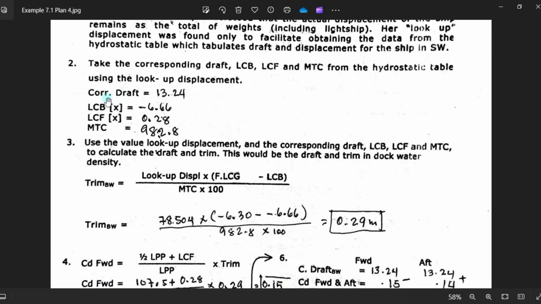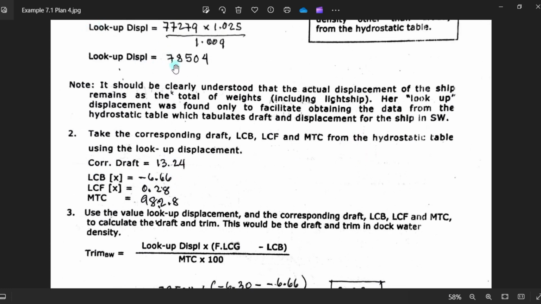So this will be her corresponding draft for this lookup displacement. What will be her LCB, LCF, and MTC? Okay, we will check.